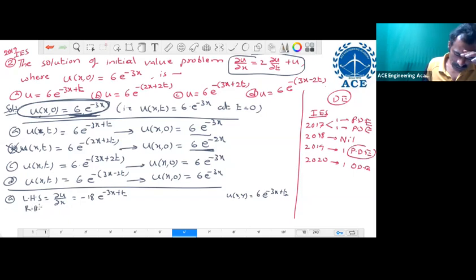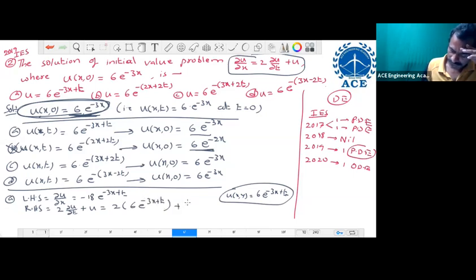Next, RHS of the differential equation is 2 into dou u by dou t plus u. That equals 2 into, this function with respect to t is 6 into e power minus 3x plus t, plus the same function 6 into e power minus 3x plus t. 6 into 2 is 12, 12 plus 6 is 18, so 18 into e power minus 3x plus t only.